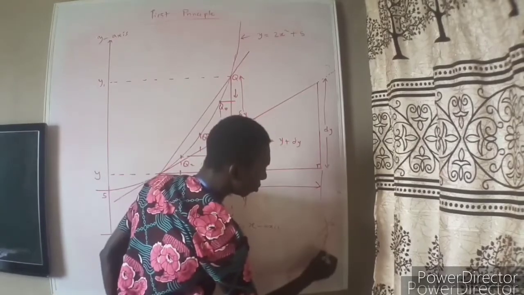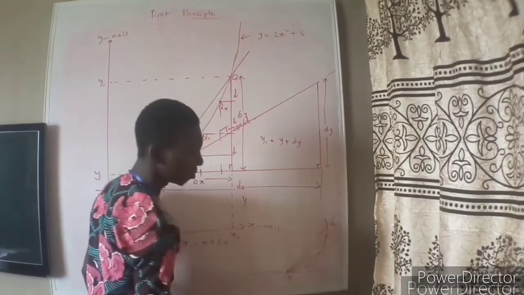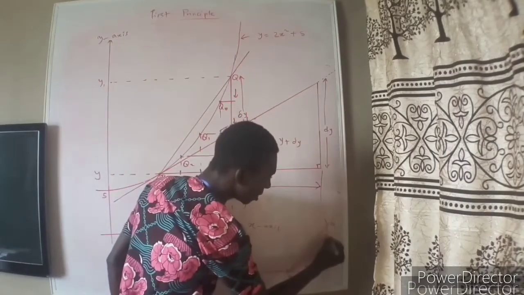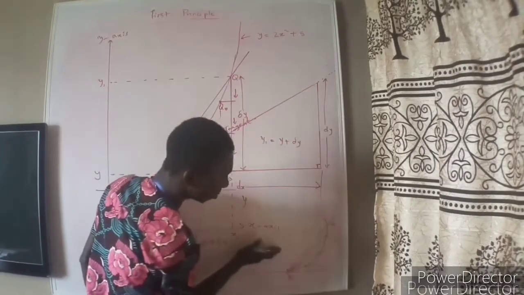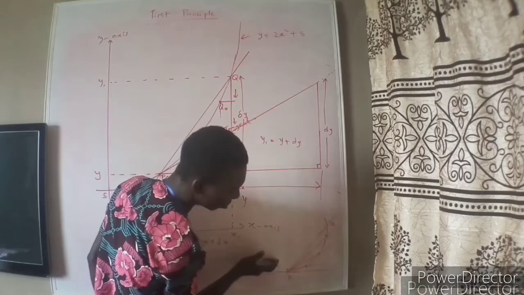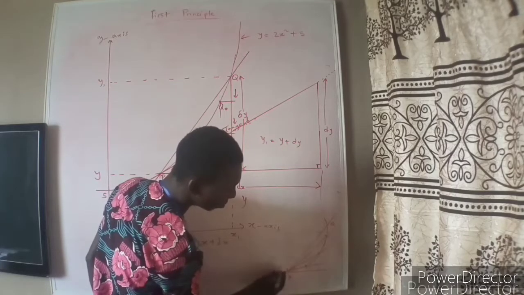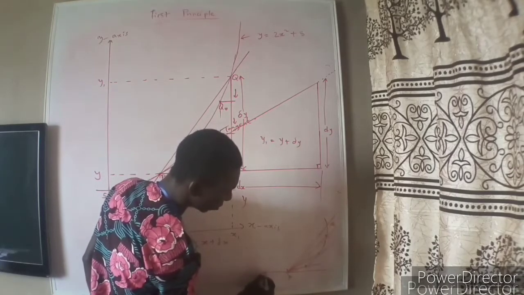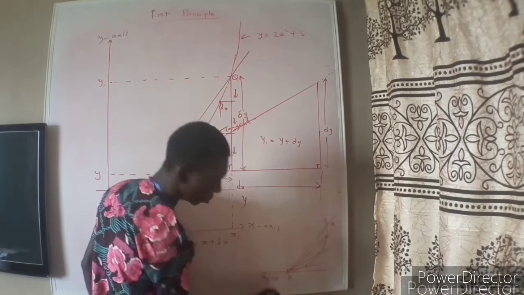What happens? It gets to Q0, Q1, Q2. So as it is coming down, my change in y is also reducing. My change in y came down to this, and then my change in y became 0. At this point, my change in y equals 0.